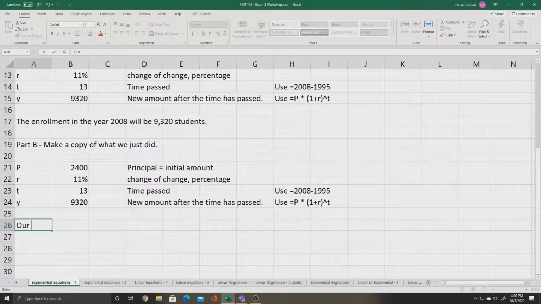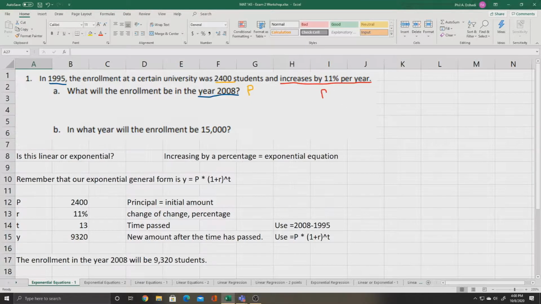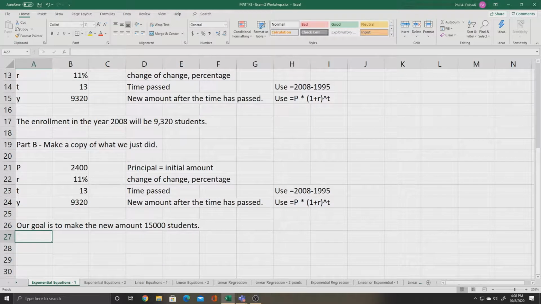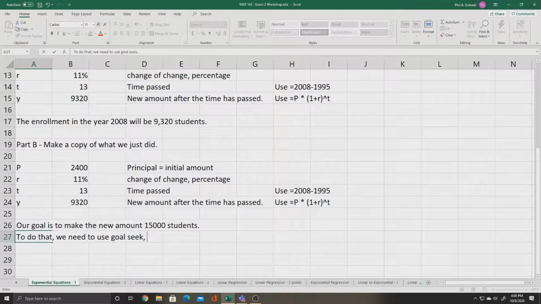Now our goal is to make the new amount 15,000 students. Now to do that, we need to use goal seek, because we can't just type 15,000 into the Y box and expect it to give us the right answer automatically.